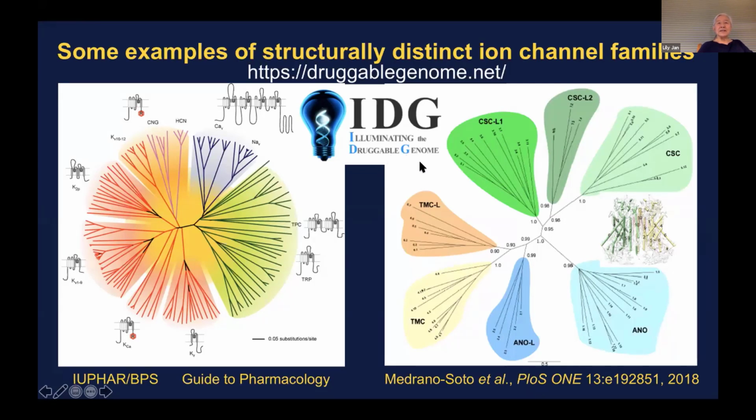So that prompted this program called the Illuminating Druggable Genome that's sponsored by NIH to generate resources that will make it easier for researchers to examine the functions of these channels. The same program actually includes also kinases and GPCRs. So I'll be happy to answer any questions about ion channels or about this program. Thank you very much.